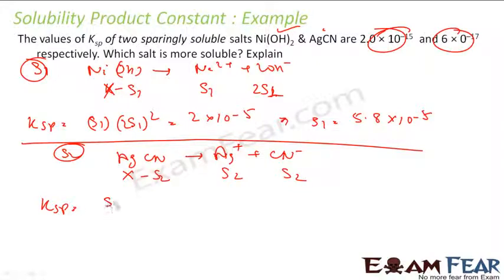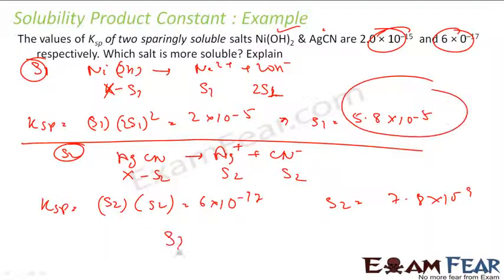Concentration of Ag plus, that is S2, into CN minus, S2, and this value is 6 into 10 to the power minus 70. So you solve the value of S2, S2 comes out to be 7.8 into 10 to the power minus 9. So if you see, S1 is greater than S2, right? Since S1 is greater than S2, you can say that this is more soluble.